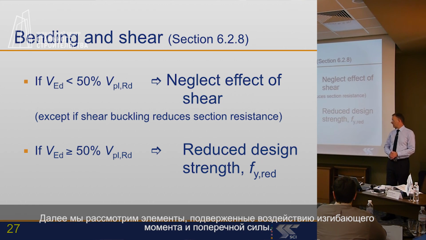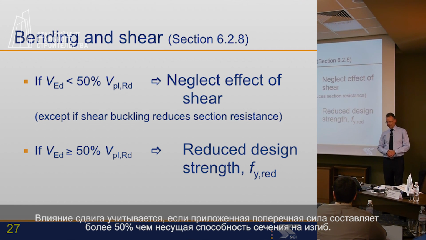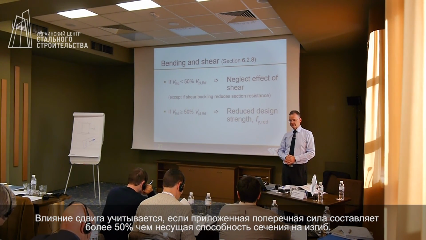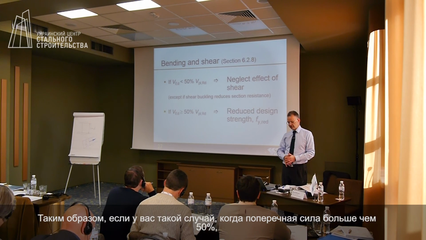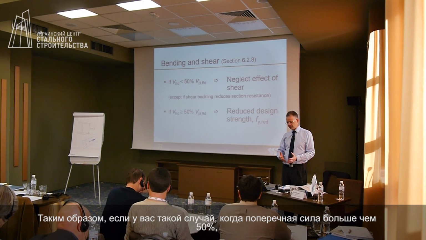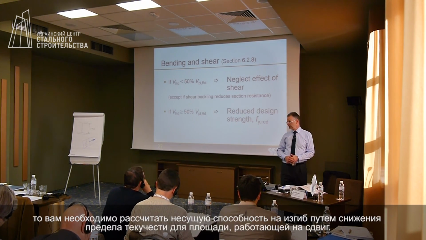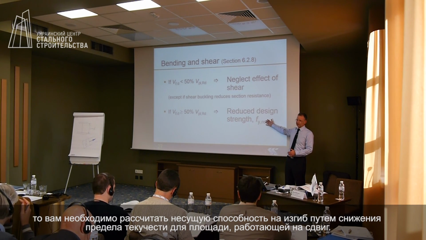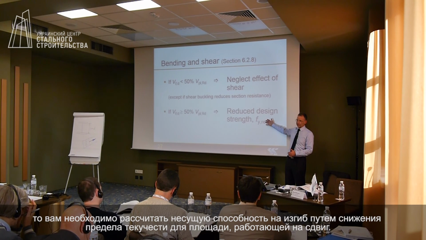This is the rule for high shear. High shear is defined when the applied shear is more than 50% of the shear resistance. So if you have that situation, a high shear more than 50% of the resistance, then you must calculate the bending resistance based on a reduced design strength.